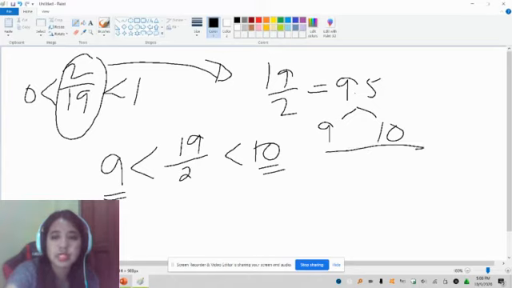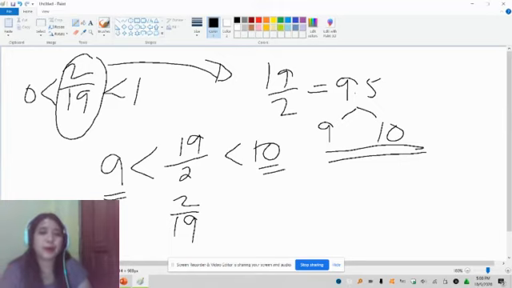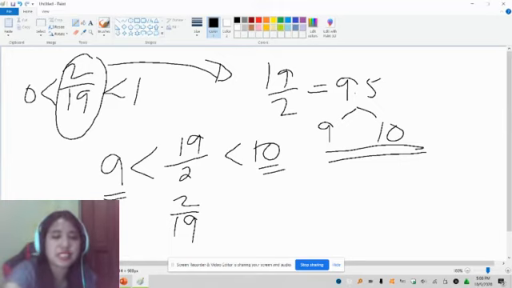Where did I get 9 and 10? It is from the values obtained when we divide 19 over 2. As mentioned, 19 over 2 is greater than 9 but less than 10. Step 3 is to convert it back, so it's 2 over 19. Now, we cannot use 1 over 9 and 1 over 10 as they are as the lower and upper values.